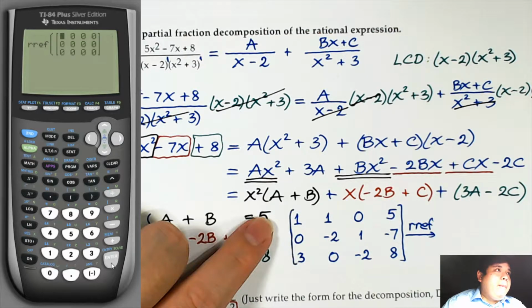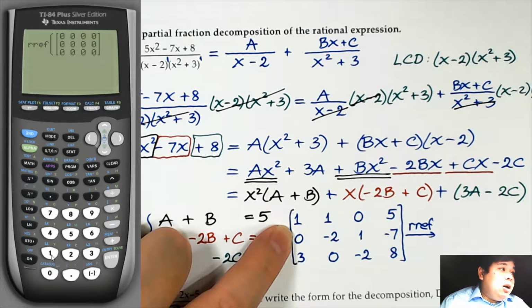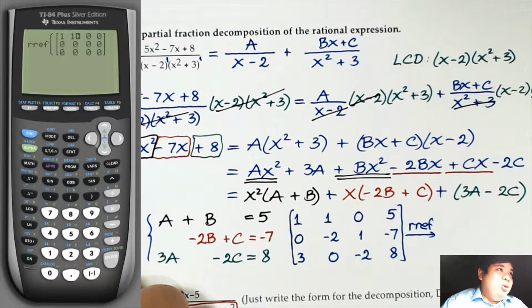Right. Now we enter 1. Do not hit enter. Hit the arrow key to go to the next one. If you hit enter, you get out of this. And then 1, and then 0, and then 5, 0, negative 2, 1, negative 7, 3, 0, negative 2, 8.